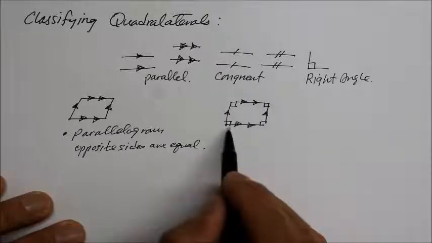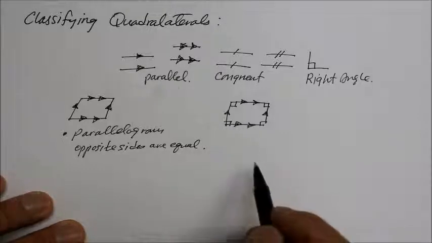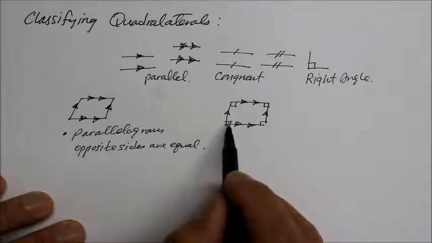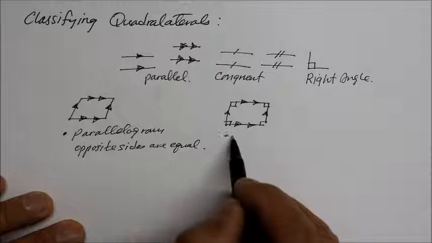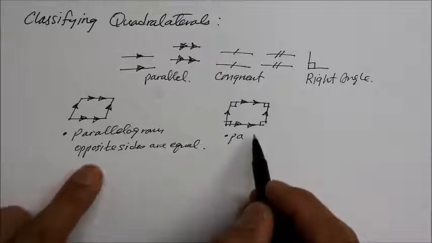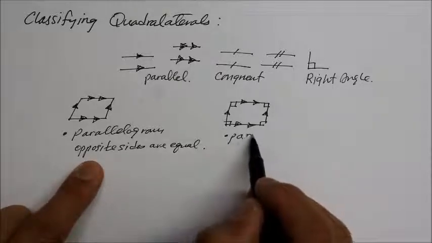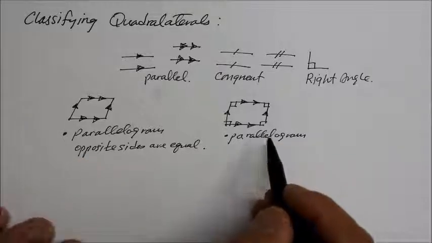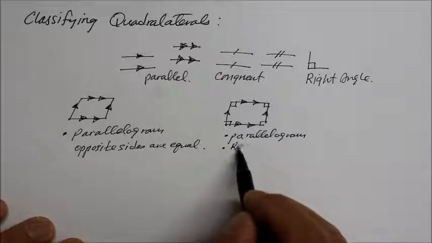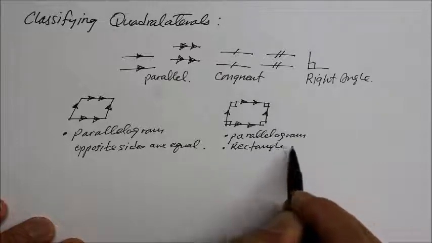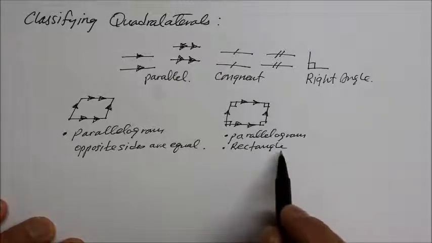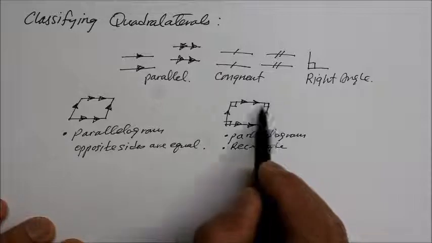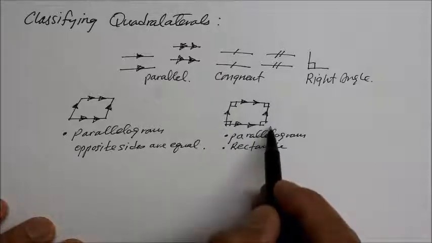And in this case, this parallelogram is still a parallelogram because it satisfies the condition of opposite sides being equal. But this parallelogram also happens to be a rectangle. That's where the word angle is coming in, because they have four right angles.